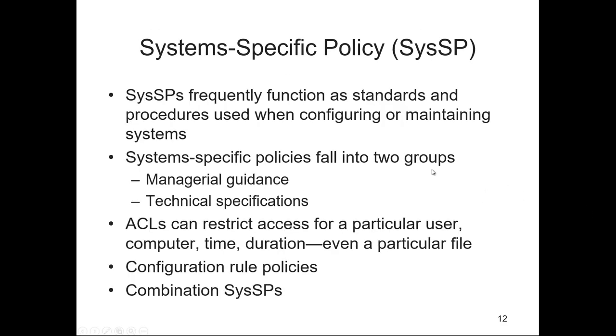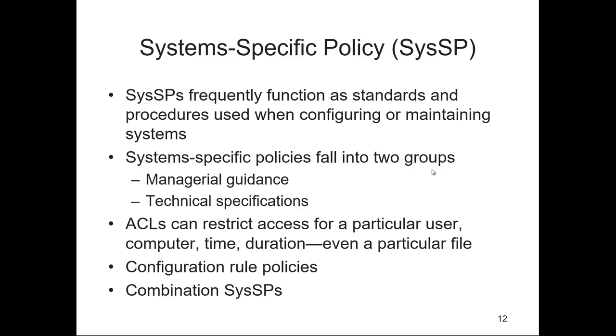While issue-specific policies are formalized as written documents distributed to users and agreed to in writing, system-specific policies are frequently organized as standards and procedures used when configuring or maintaining systems. System-specific policies fall into two groups.